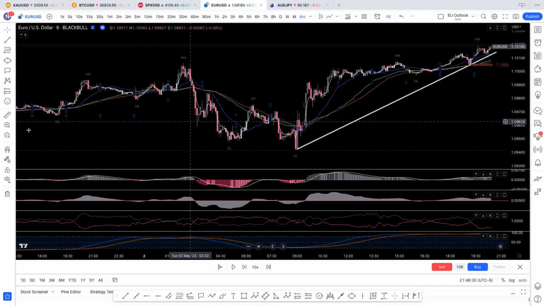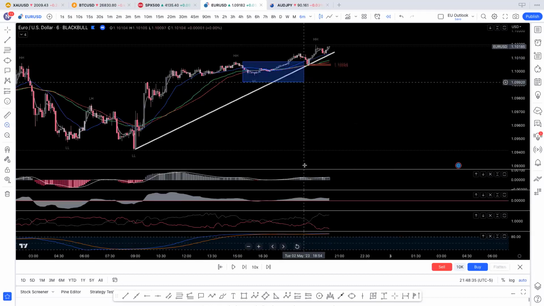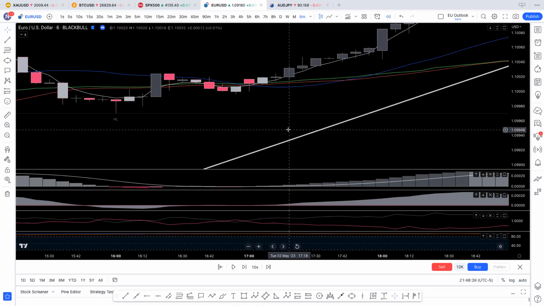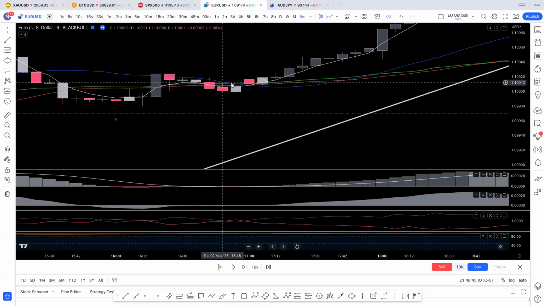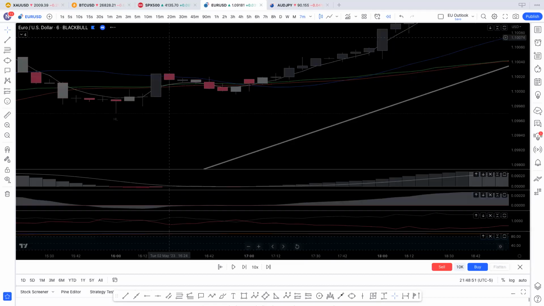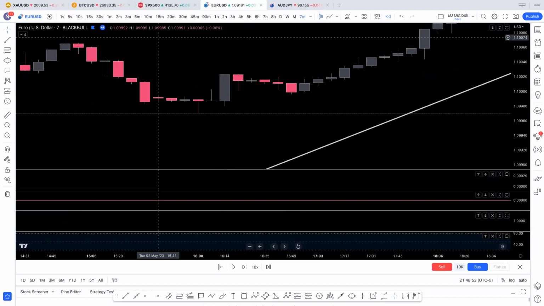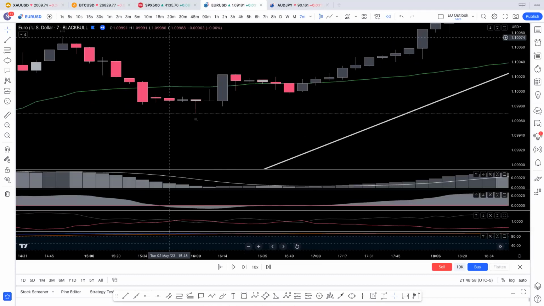I'm trying to zoom in on this specific area. I'm looking for the red and the blue. There's a cross down and a cross back up of this blue. It drops below my red and then back above. So I need to move up in the time frame to get the correct time frame for the triangle.